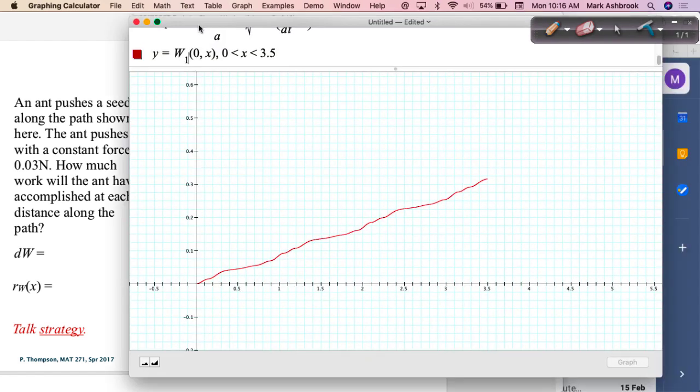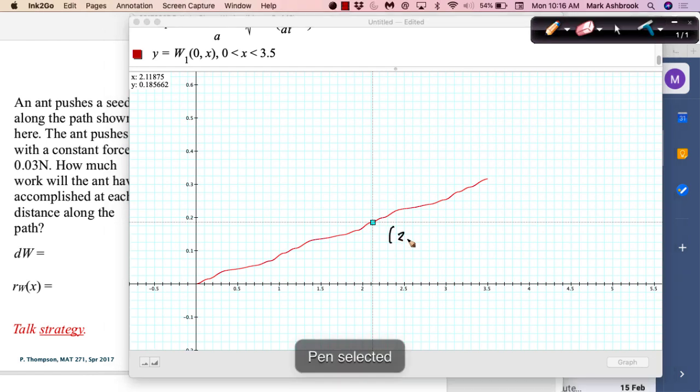Okay, so I'm going to pick a point on the graph: 2.119, comma, 0.186.